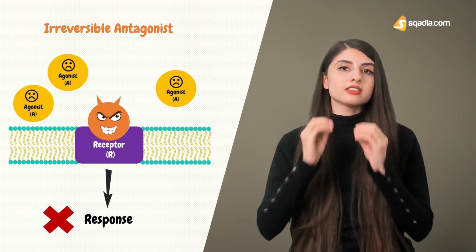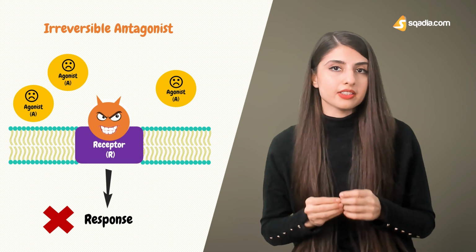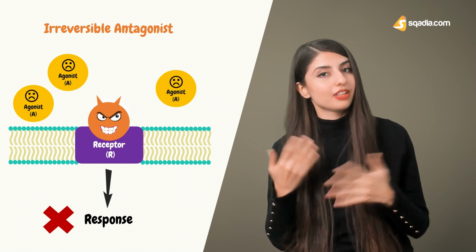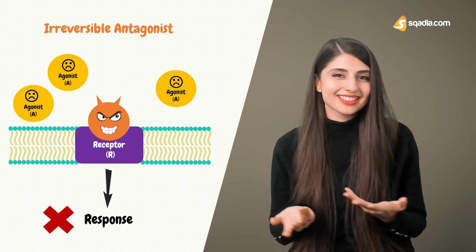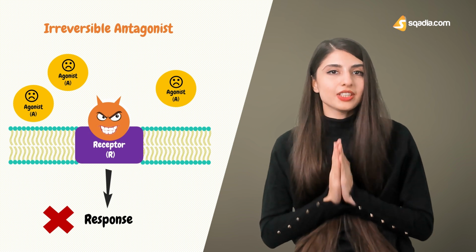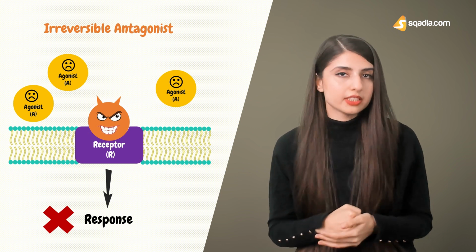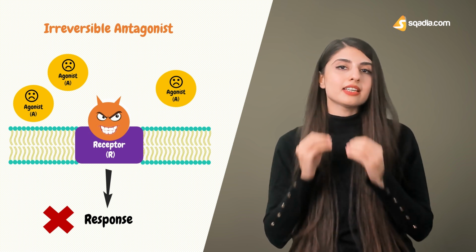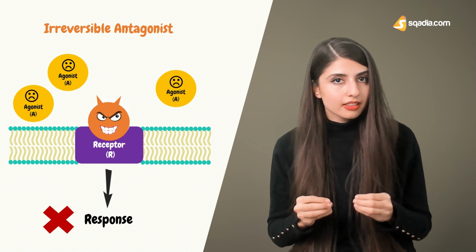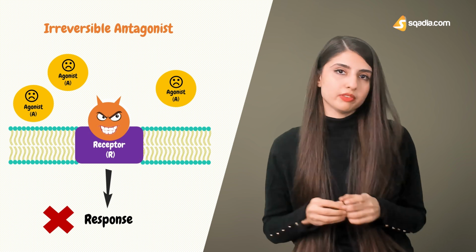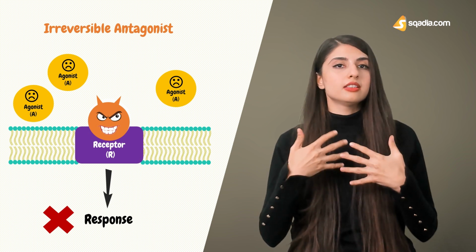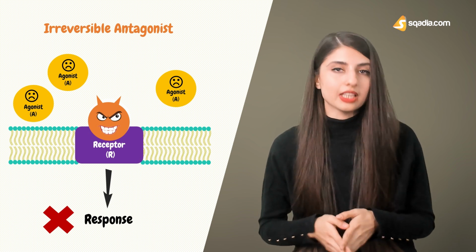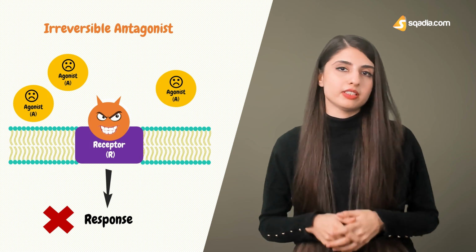So these irreversible antagonists are, very cleverly, called irreversible antagonists. And they usually bind covalently to the active site of the receptor. Since these antagonists are clingy, their effect cannot be reversed by increasing the agonist concentration, like we observed in the case of competitive antagonists.